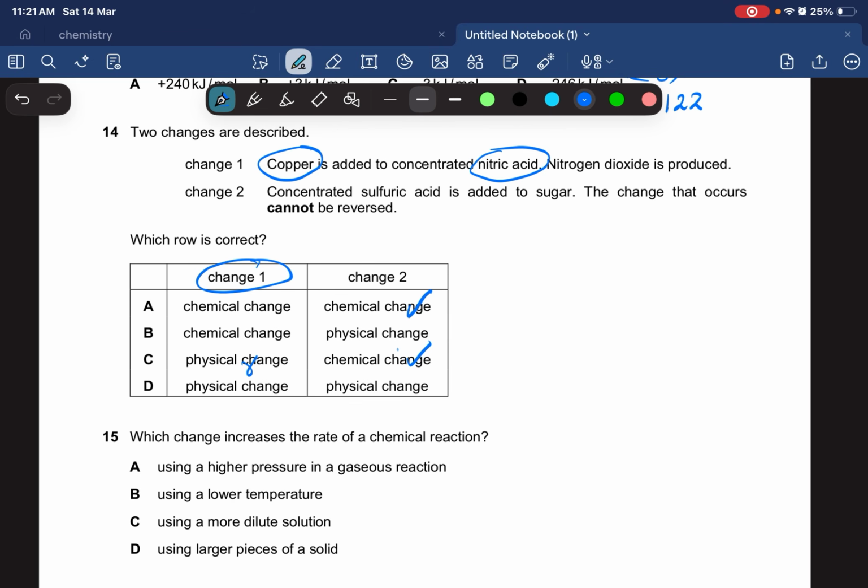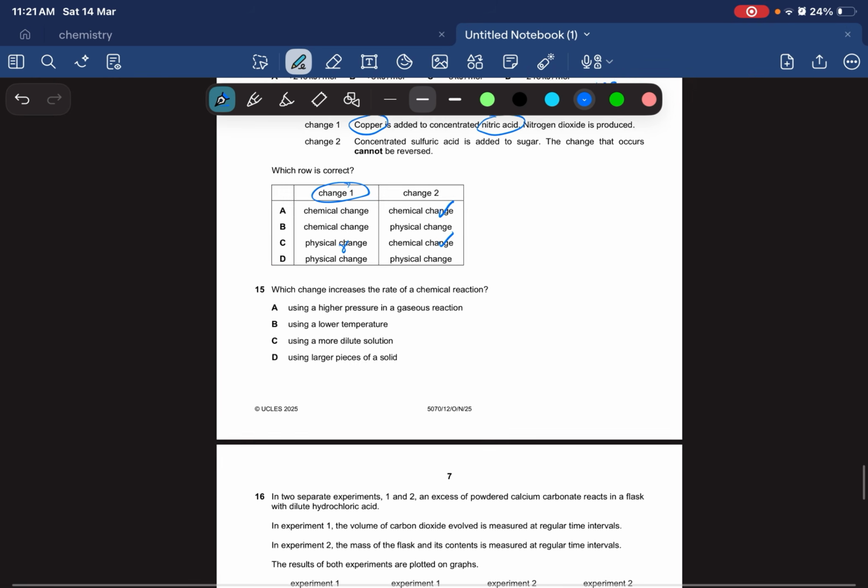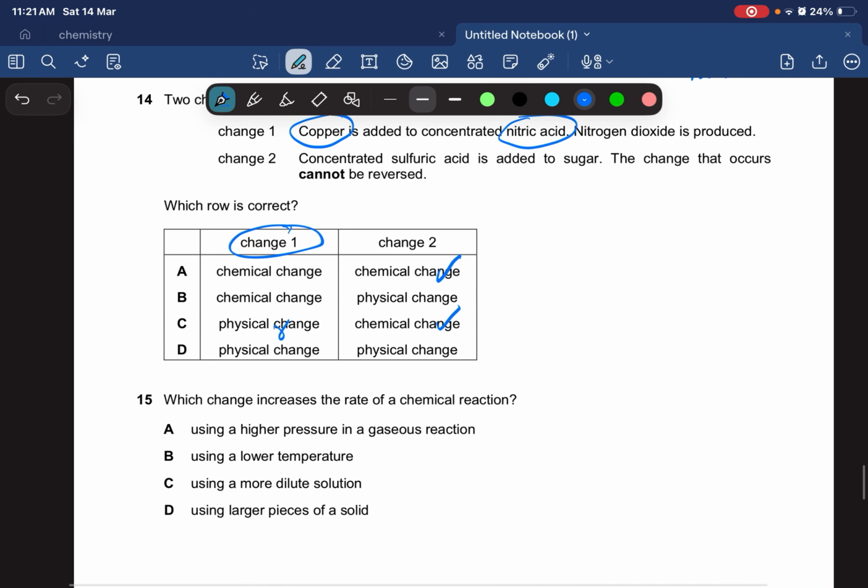So that's going to be a chemical change, because you know that chemical changes cannot be reversed, right? So that's the key over here. You need to realize that physical changes are reversible, whereas chemical changes are irreversible. That's a new thing that's been added to the syllabus, and I hope the examiner is going to test this.